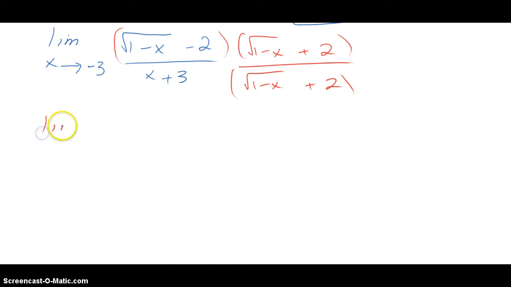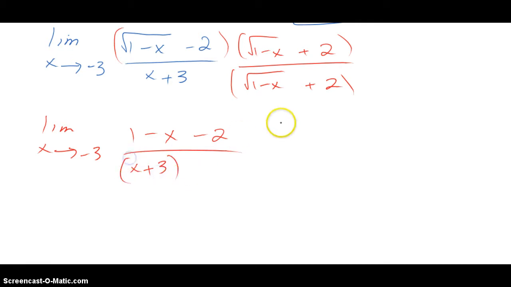So then, let's see what happens. X goes to negative 3. Well, on the top we've got an a minus b times a plus b, which is going to give us 1 minus x minus 2 all over, and I'm going to leave this as x plus 3 times all of that part.